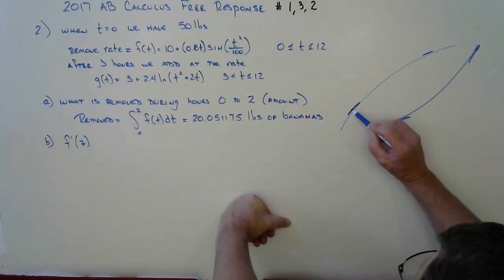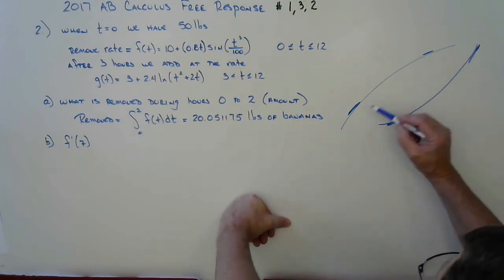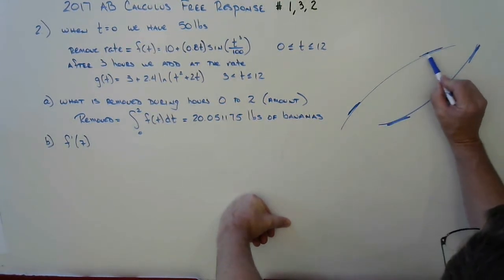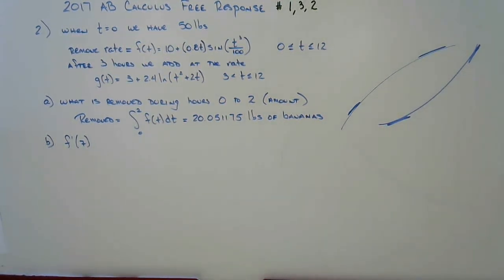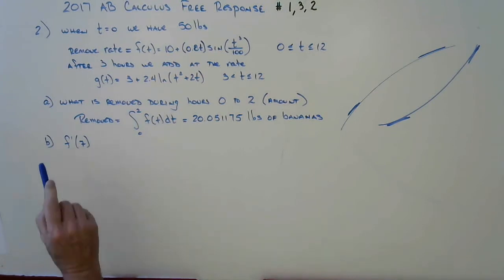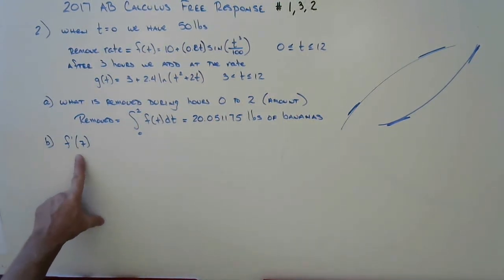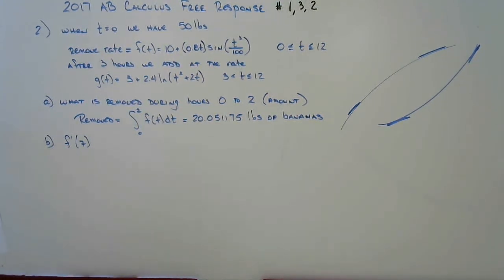Well, here they're removing bananas when we open at a fast rate. Here, when the store's been open for a while, we're removing bananas at a slower and slower rate. That's what they want us to know. So one more time, this tells me the rate at which the rate of bananas being removed from the store is changing.